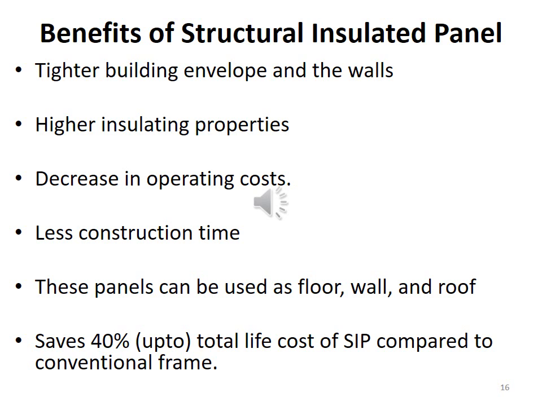In summer or in winter, the houses are usually maintained at 25 degrees Celsius or 26 degrees Celsius. If the houses are insulated properly, then the heating or the cooling will be retained in the building, and the energy cost will be reduced by using the structural insulated panels.